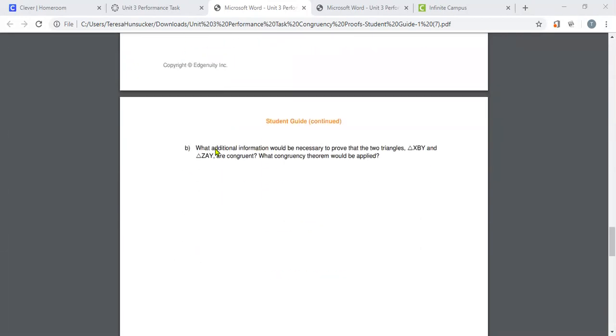All right. Now it says, what additional information would be necessary to prove that the two triangles XYZ and ZAY are congruent? Which congruency theorem would be applied?